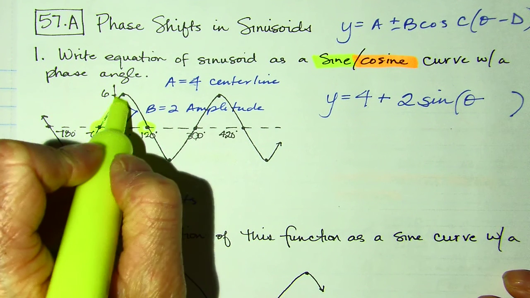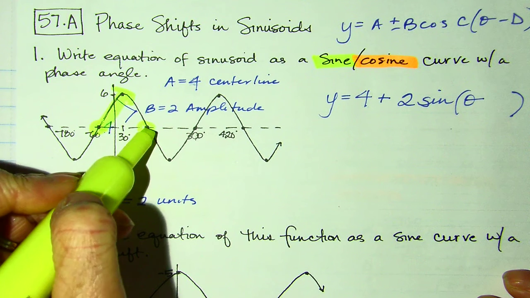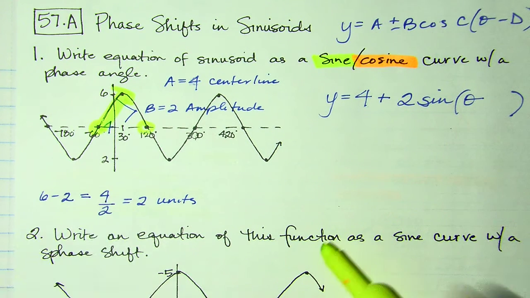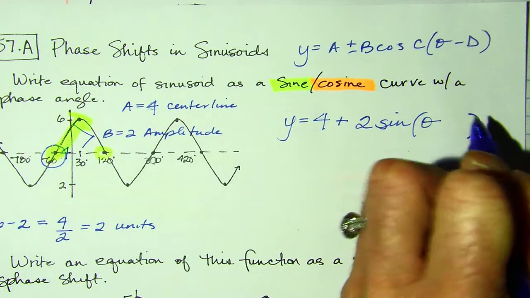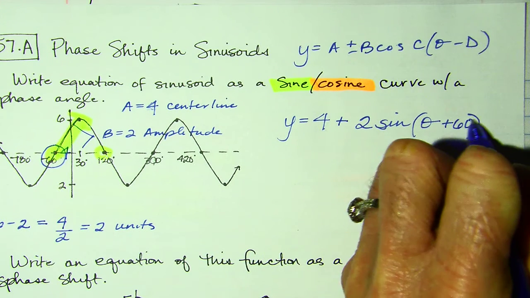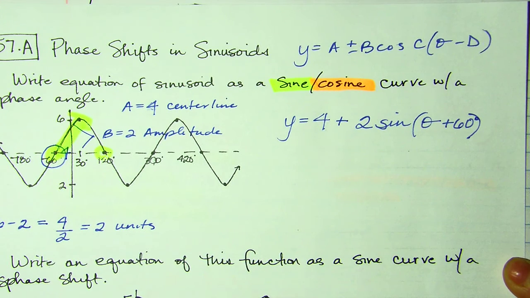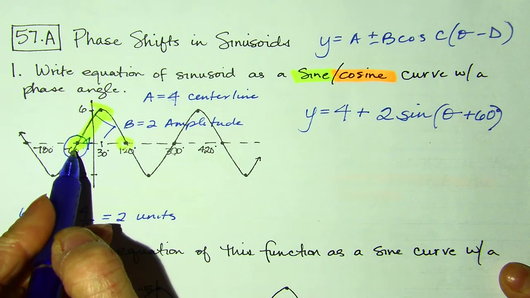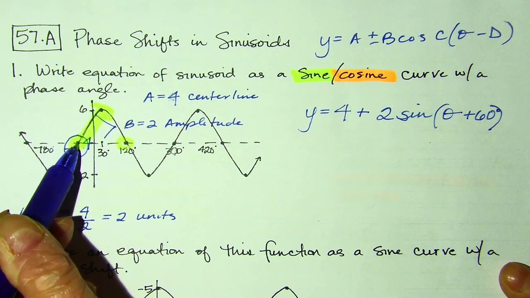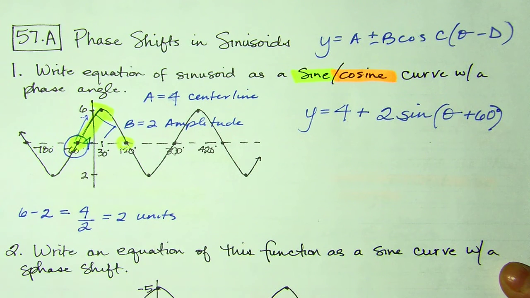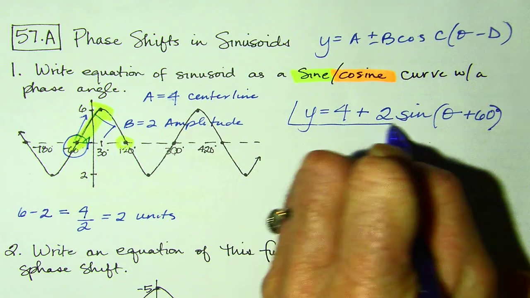This is on its way up, versus this point is on its way down. So you're going to use this point here. Now that says negative 60, so in here it should be positive 60 degrees because it's negative. So I'm using this one because it's technically closest to the origin and on its way up. So that is my sine equation.